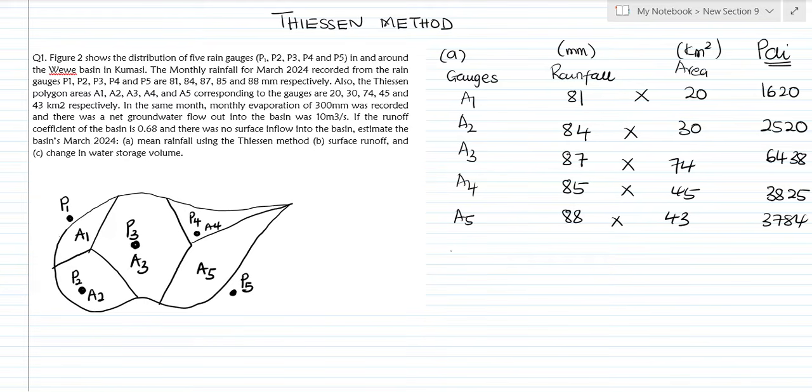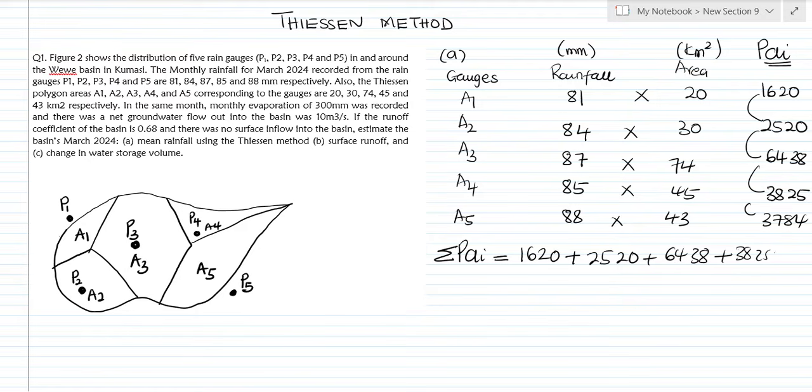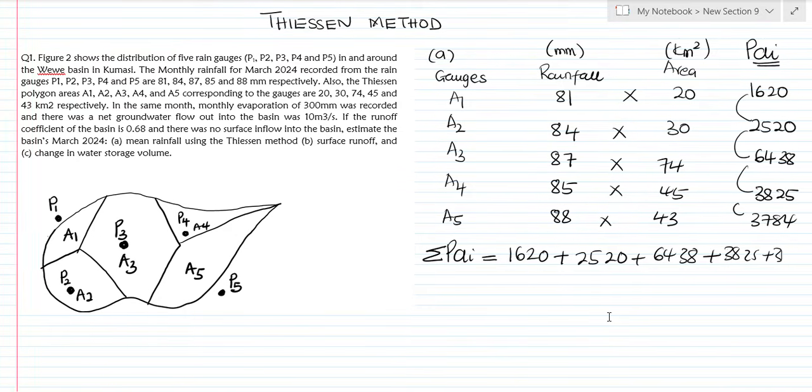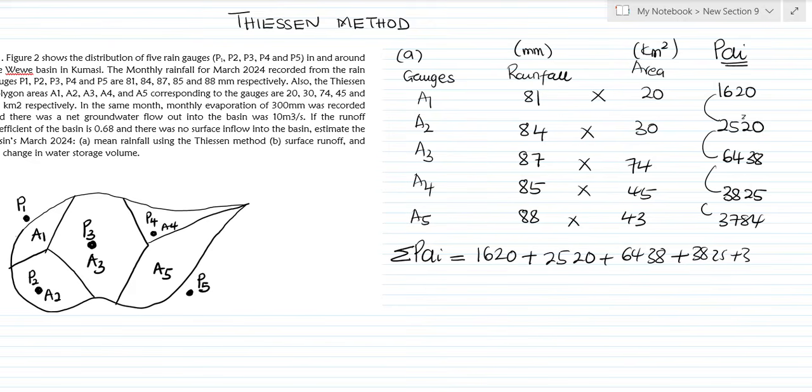Then we need the sum of these products. So 1620 plus 2520 plus 6438 plus 3825 plus 3784, and that will give us 18187.